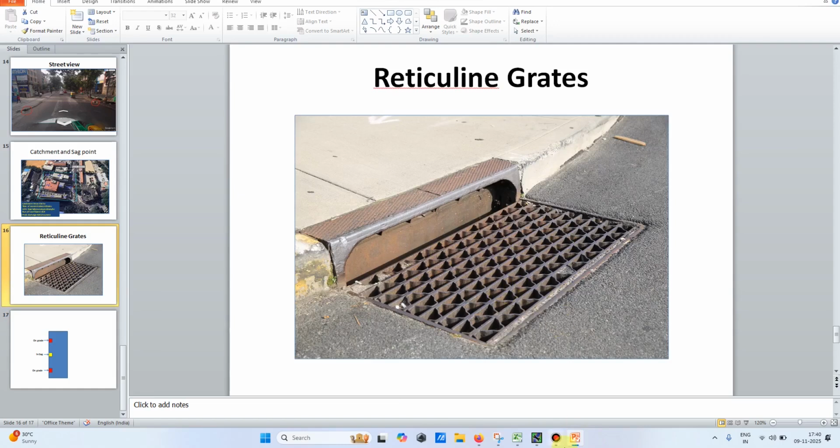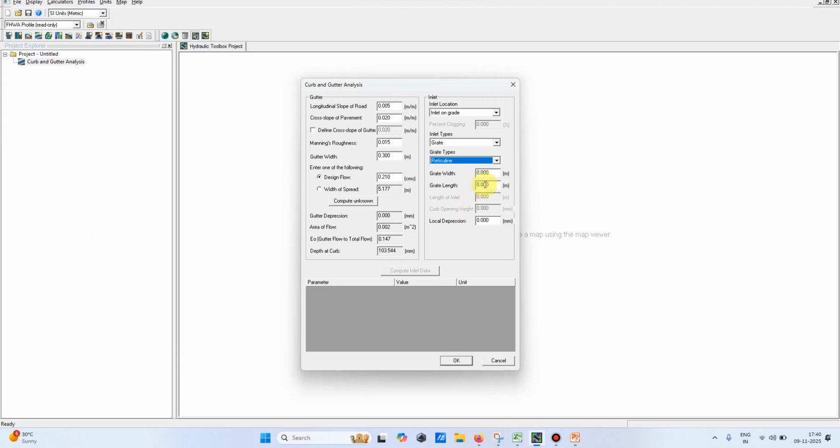And the grate width and depth, I am using the standard 1.5 by 1.5 feet, so 0.45 by 0.45 meters. This is the standard size which I took from the local material supply for the grates.